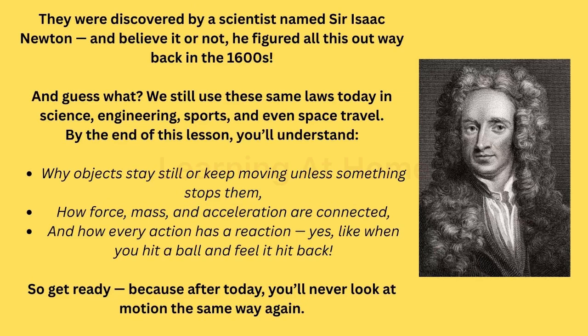By the end of this lesson, you will understand why objects stay still or keep moving unless something stops them, how force, mass, and acceleration are connected, and how every action has a reaction. Yes, like when you hit a ball and feel it hit back. So get ready because after today you will never look at motion the same way again.